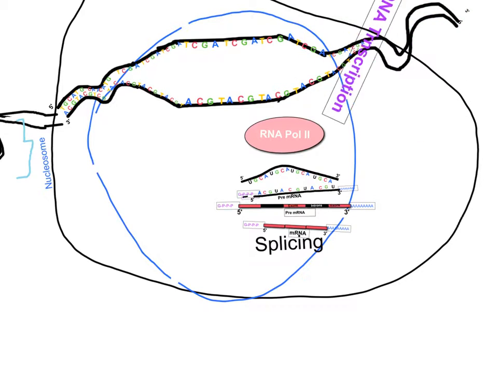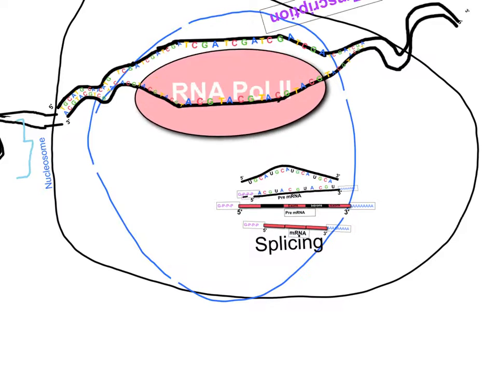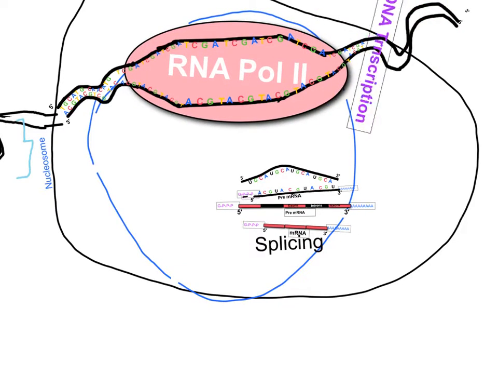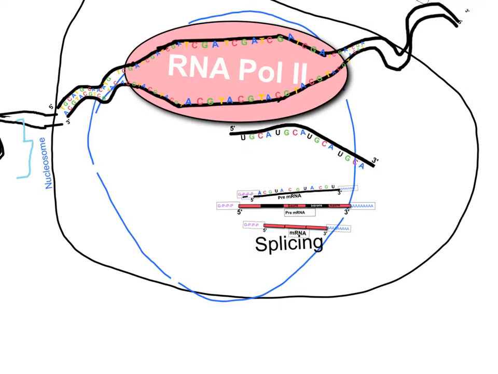And when DNA is going to start the process of transcription, the first thing which arises on DNA is an enzyme called RNA polymerase II. This enzyme comes and attaches to the DNA, unwinds it, and then starts adding RNA nucleotides.